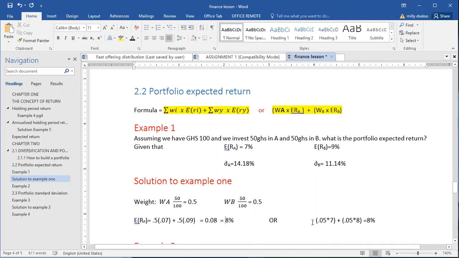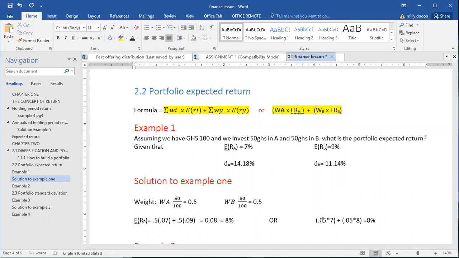Now, the student that also goes like this, 0.5 multiplied by 7, 0.5 multiplied by 8, will get 8% straight. Why? Because he has used the absolute figures over here, 7 and 8. But that does not mean that he should also come here and use the absolute here, 50. You get it wrong.